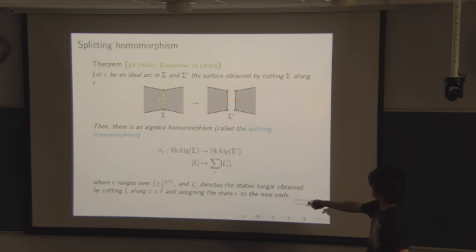And that's what I'm calling L prime. And then since in the newly cut endpoints of the tangle we have to assign the states, we basically sum over all possible ways of assigning states to the newly cut ends. And the claim of this theorem is that this is a well-defined algebra homomorphism.